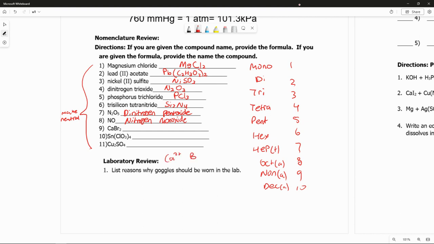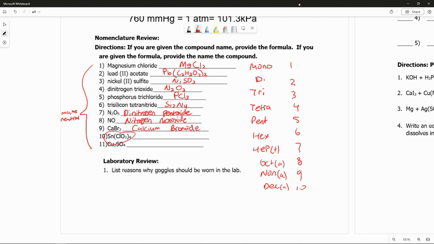If we were given the name, we would have to calculate all this and make sure the charges balance. But for actual naming of compounds, we can just skip that. So all we got to do is put calcium bromide and be done with it.